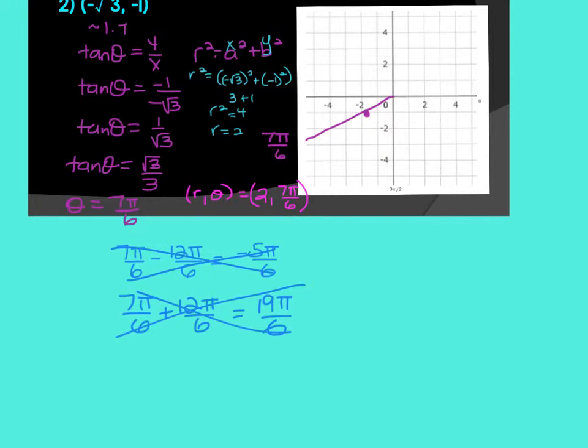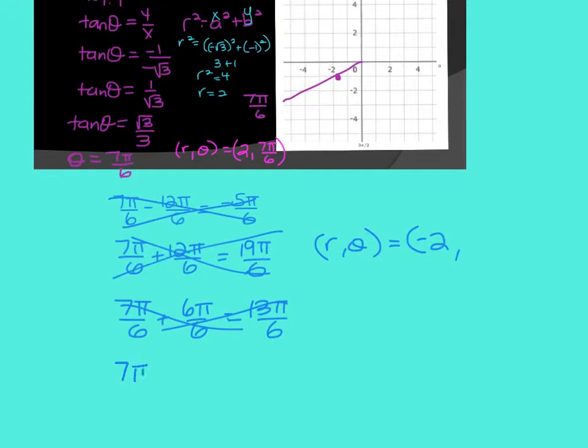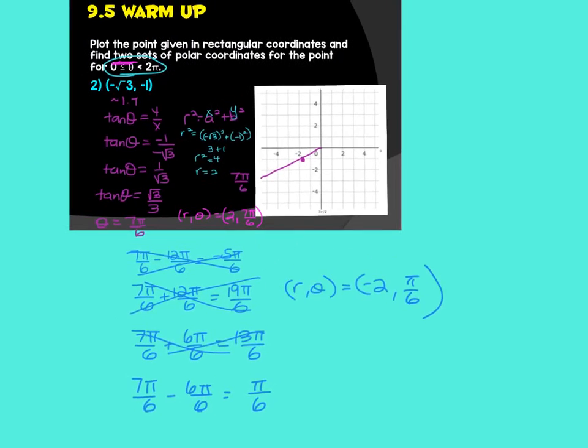Change the sign on the r, so r, theta has to start with a negative 2, and then add or subtract pi. If I add pi, which is 6 pi over 6, it's 13 pi over 6, that's too big. But if I subtract pi, I get pi over 6, which falls in between 0 and 2 pi.